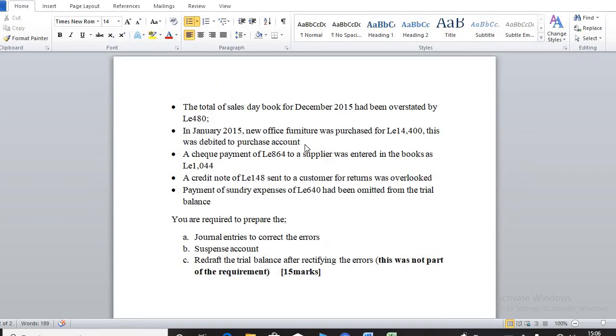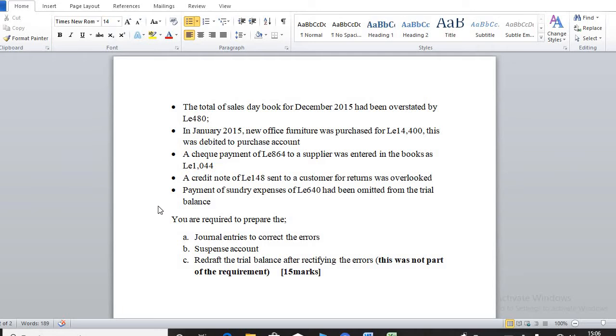Okay, so we are moving on to the fourth item on the question, which says that a credit note of 148 sent to a customer for returns was overlooked. Wow, the examiner is very intelligent here.